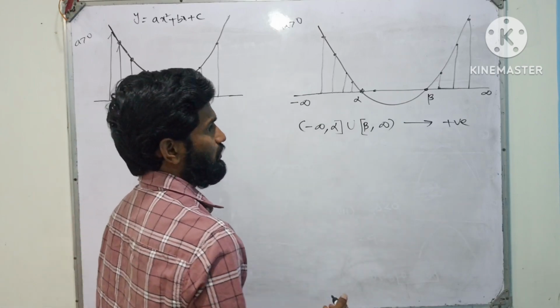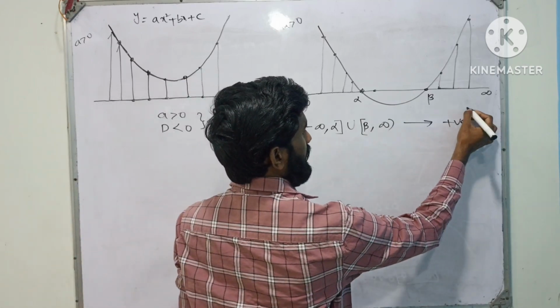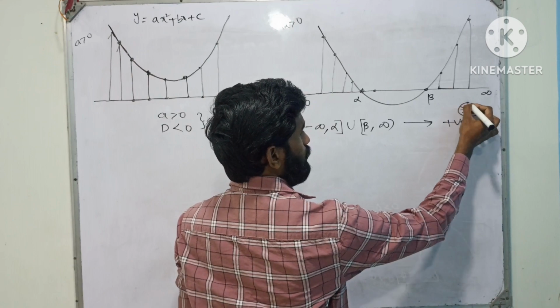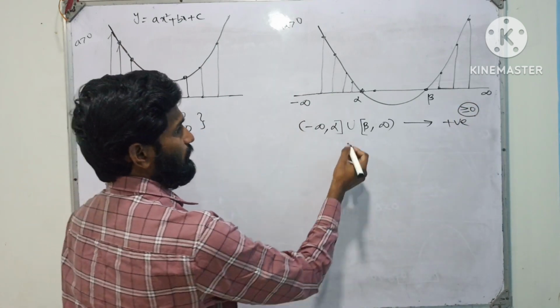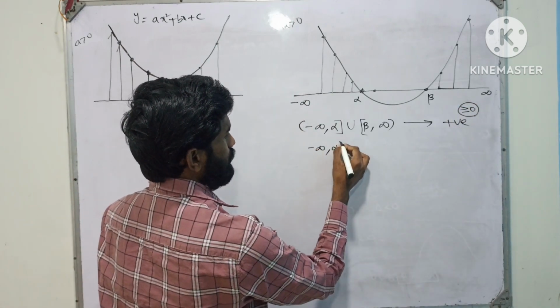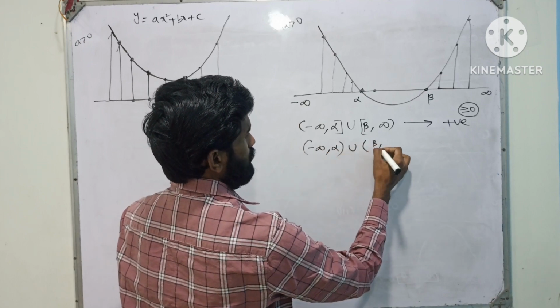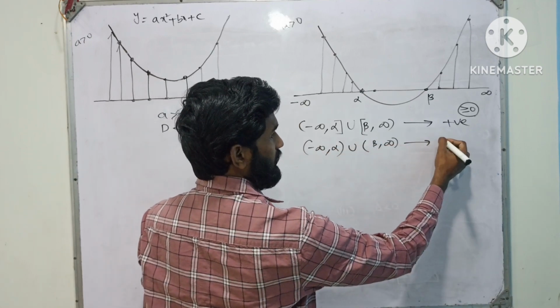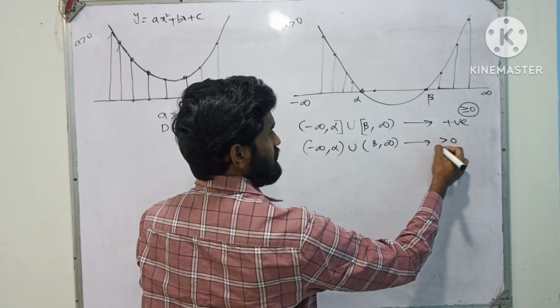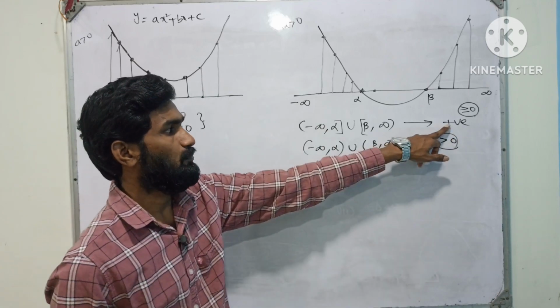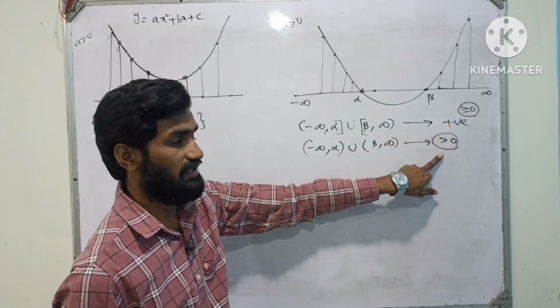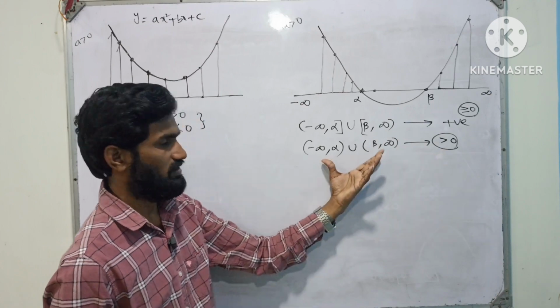This is for greater than or equal to. For only greater than, you will get minus infinity to alpha union beta to infinity. This is only for greater than 0; here it is positive as well as 0, but for this one it is only greater than 0.